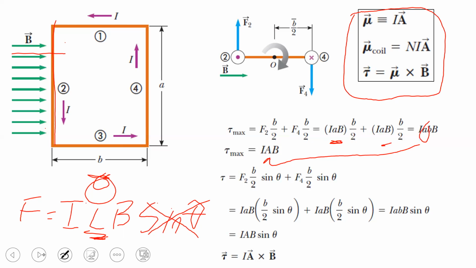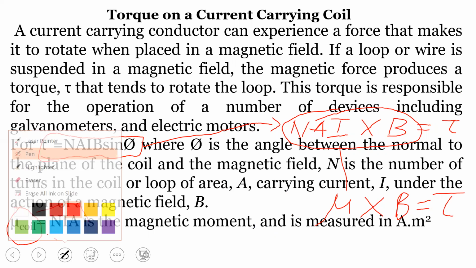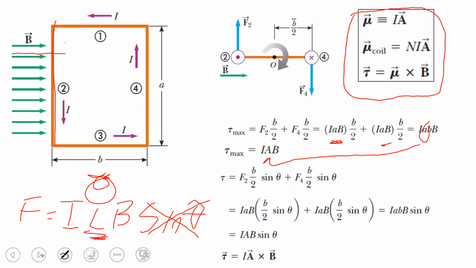Torque is mu cross B. So the torque, defined here as NIA cross B, is also mu cross B. That means mu is equal to NIA, which we have said like 5 times now.